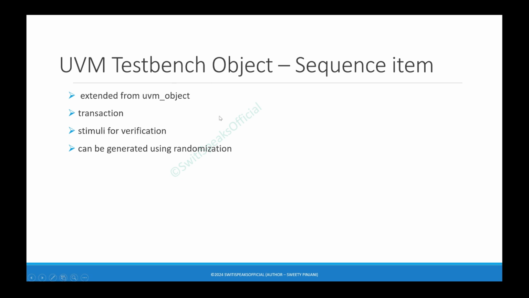So we are going to generate sequence item using randomization. Then the sequence item is sent to driver from your sequencer, and this driver then provides it to the DUT in the form of pin level or signal level information.